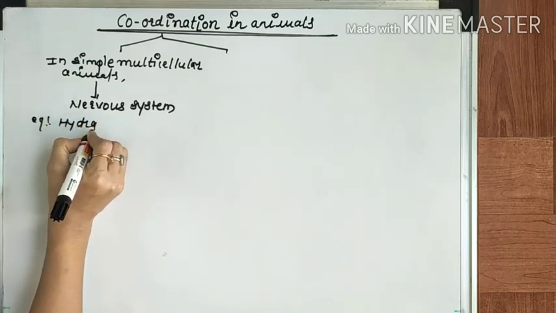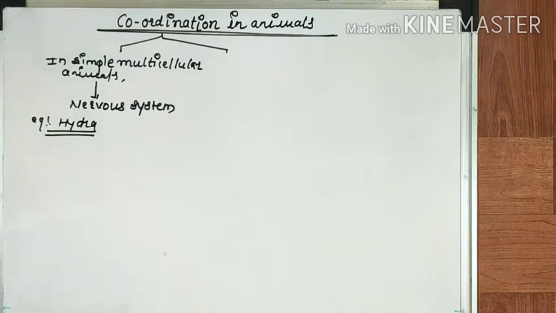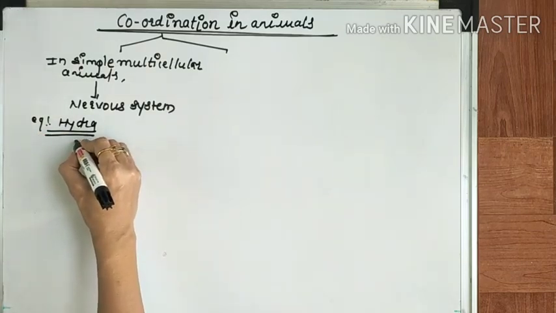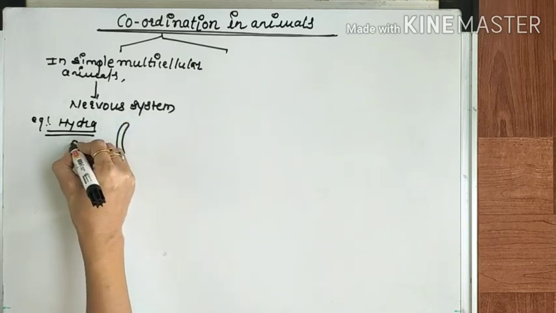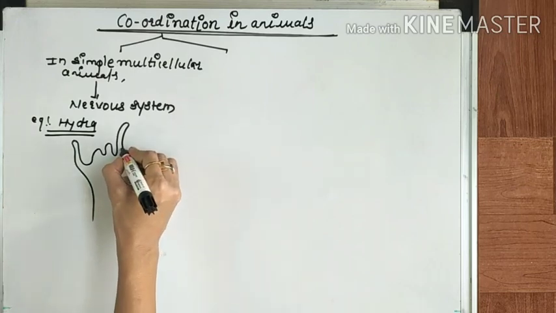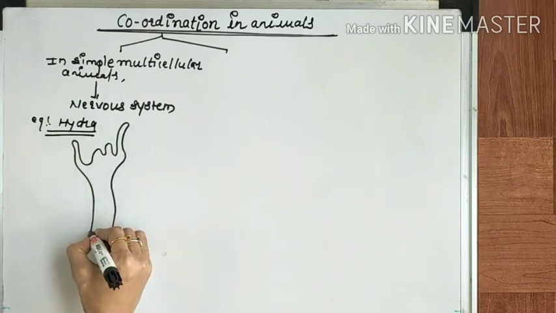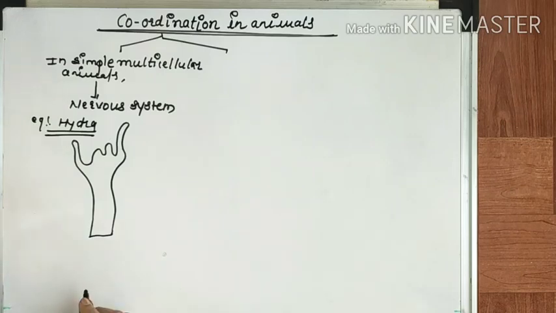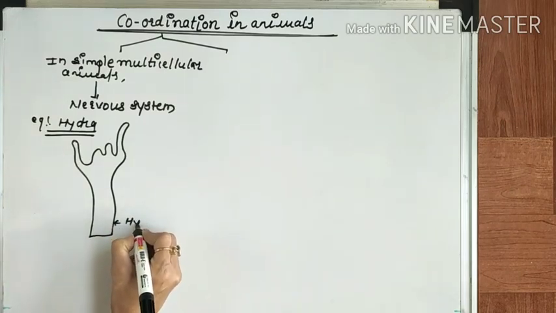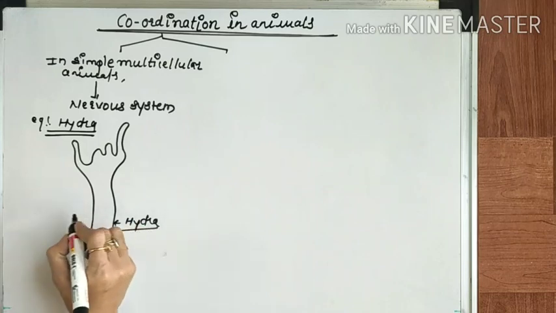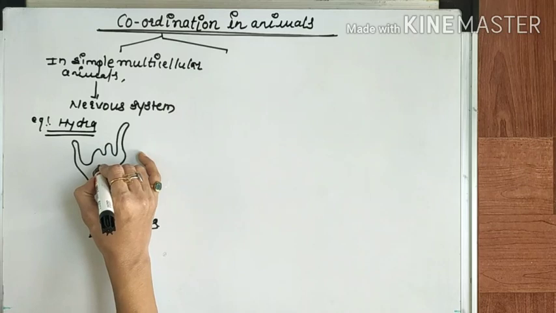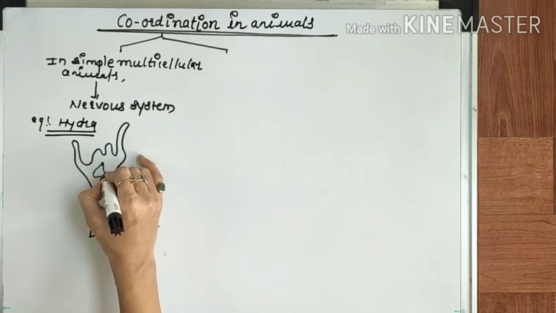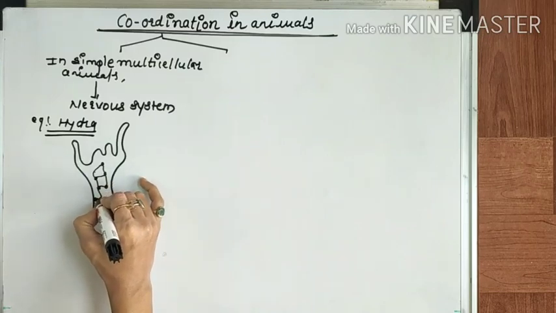Example is Hydra. Here I will draw the structure of Hydra so you will understand very well. Okay, this is the structure of Hydra. You have to draw it like that.